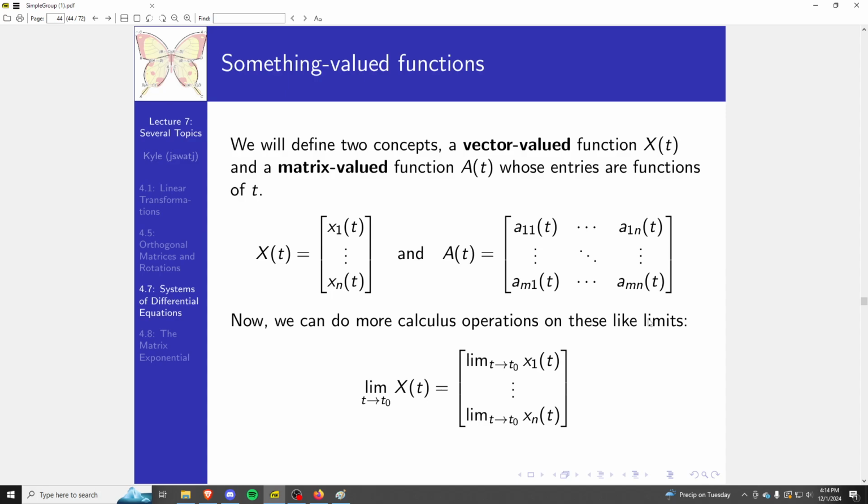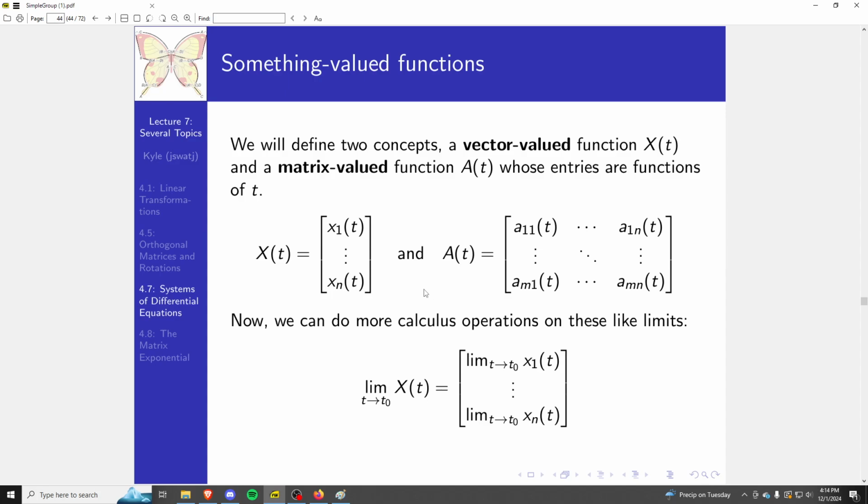And so we can define two new concepts that we're going to use moving forward, which is a vector valued function x of t and a matrix valued function A of t, where the entries are functions. And so this is how they're written out. Each of these are functions inside here.